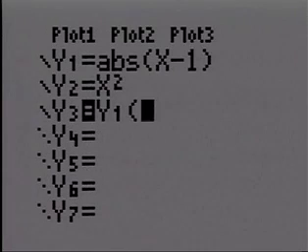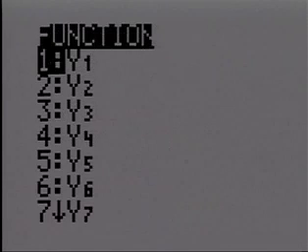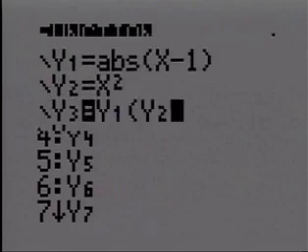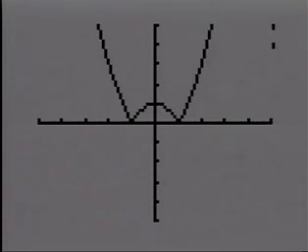Now we're going to evaluate that, so let's use our parentheses, at y2. So we'll go to vars again, y vars, function, and now we'll pick off y2, and close our parentheses. Now let's graph that function. And this gives us the graph of our composite function.